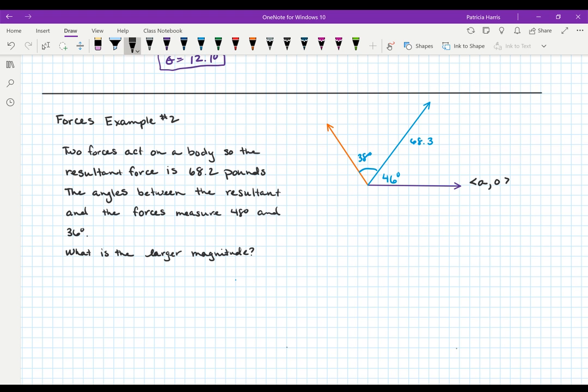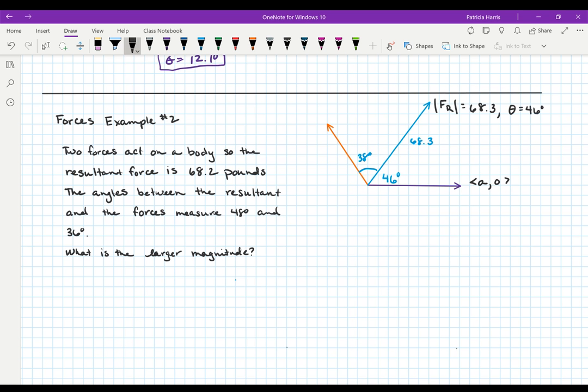Okay, now this blue force right here, I'm going to call it F sub R for resultant. I know that its magnitude is 68.3, and its direction angle with the horizontal is actually 46 degrees.